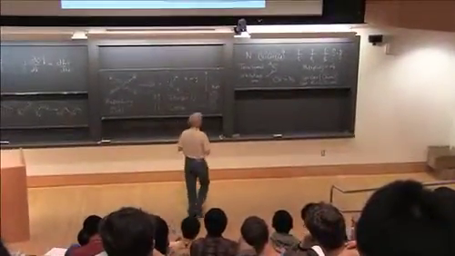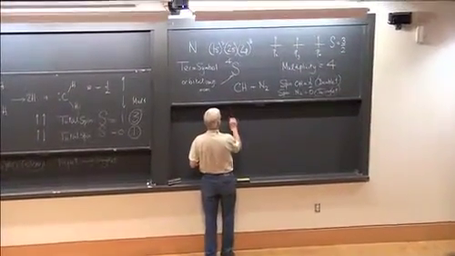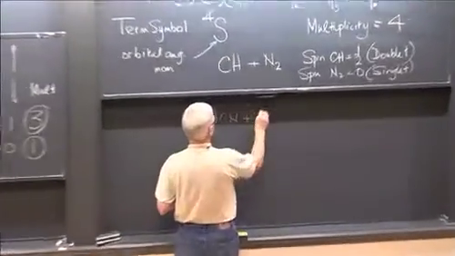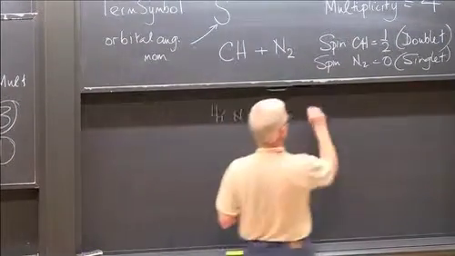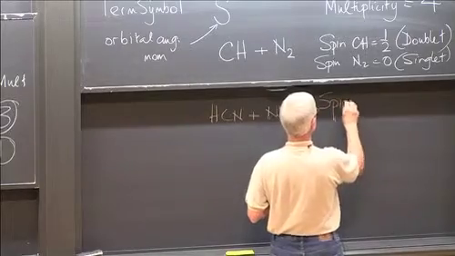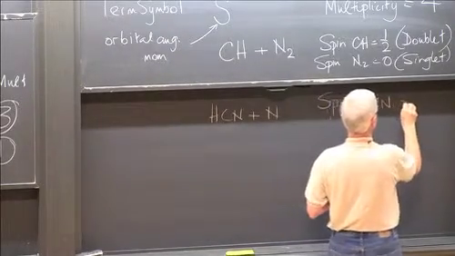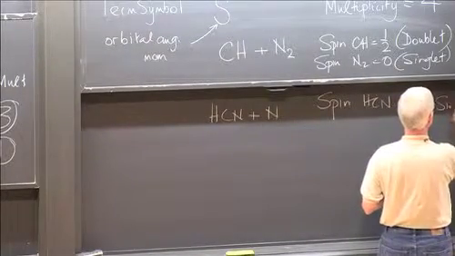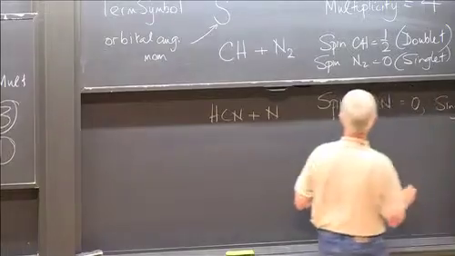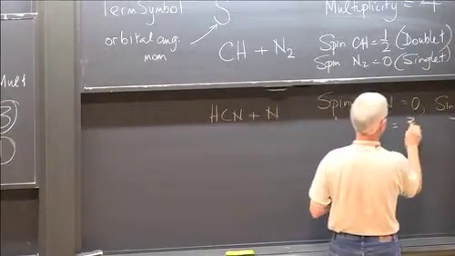But if we look at the products that we want, which is HCN plus the nitrogen atom, then the spin of HCN is equal to 0. So in other words, it's a singlet state. The spin of nitrogen, as we said, is 3 over 2.